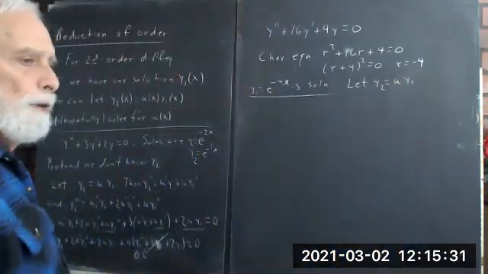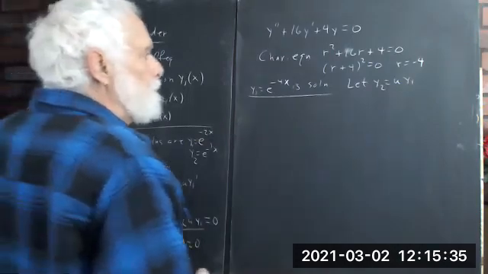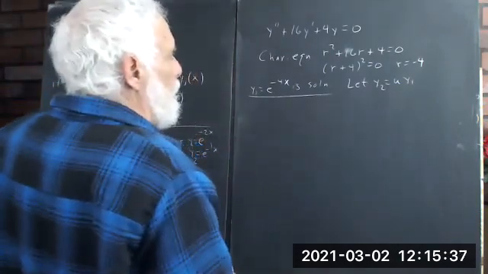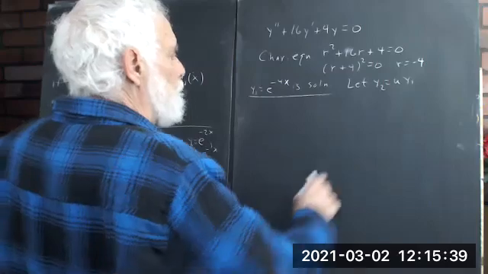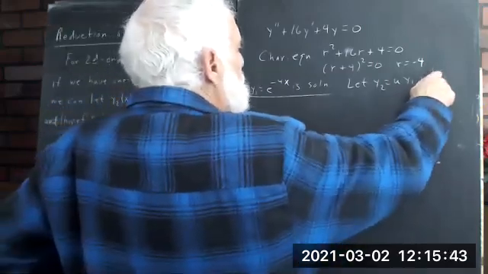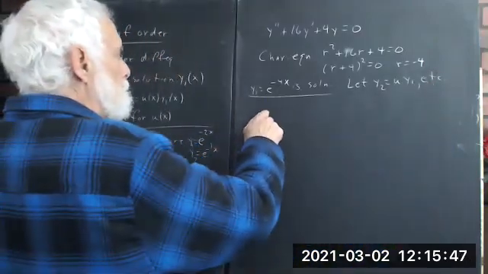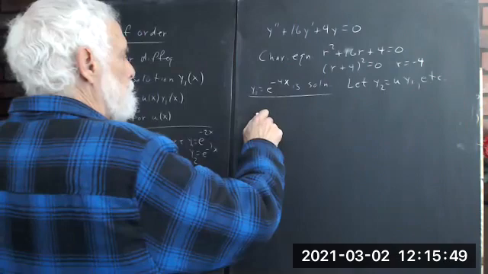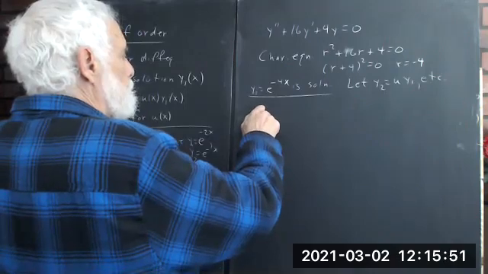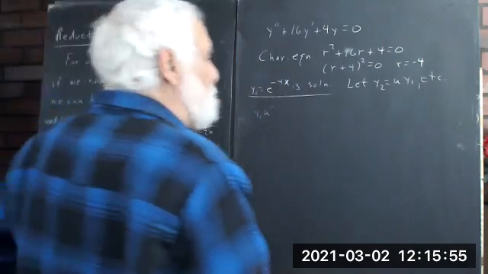Well, if you let y2 equal u y1, as before, you're going to get y1 u double prime.